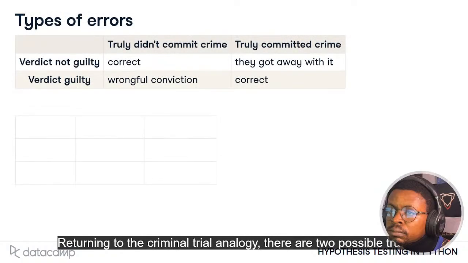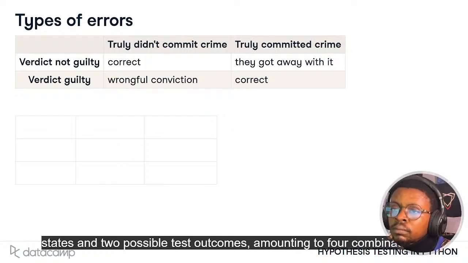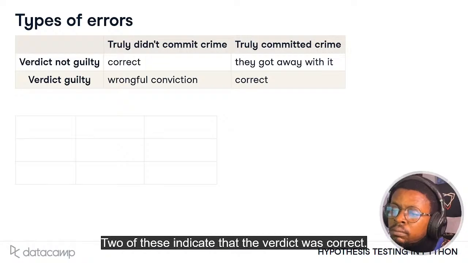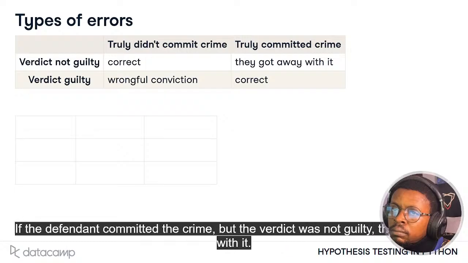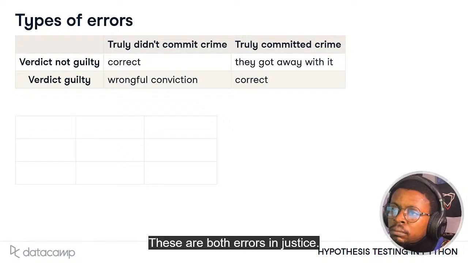Returning to the criminal trial analogy, there are 2 possible truth states and 2 possible test outcomes, amounting to 4 combinations. 2 of these indicate that the verdict was correct. If the defendant didn't commit the crime, but the verdict was guilty, they are wrongfully convicted. If the defendant committed the crime, but the verdict was not guilty, they got away with it. These are both errors in justice.